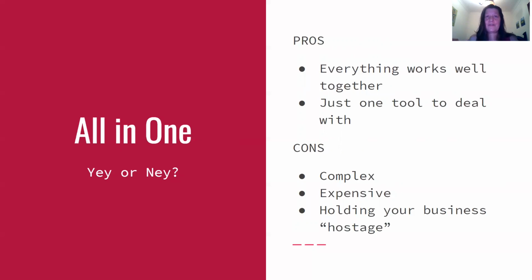Now the question is, if it replaces 7 tools, is it cheaper than if you had those 7 individually? If you only use 2 of those, that whole calculation doesn't work out. So you want to be very careful: it only makes sense if you actually use all the bits that it has.